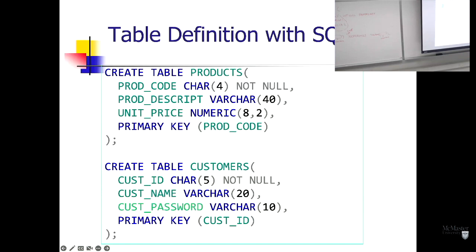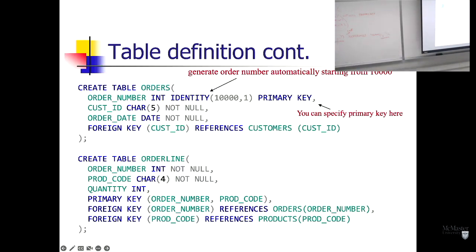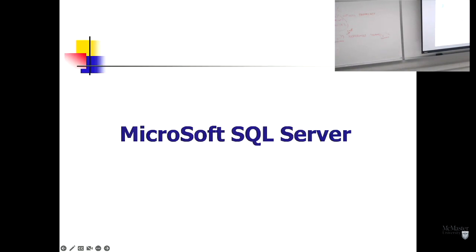So product description was varchar 40, right? Now, if we want to alter this into 80, if we have more characters, we have to use alter table products, alter column product description, and then you write the new data type. So you see the new data type here.